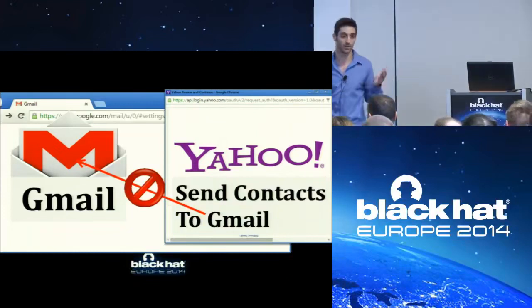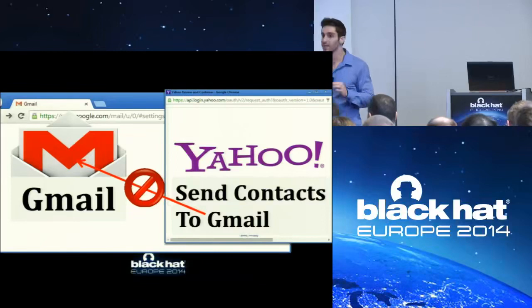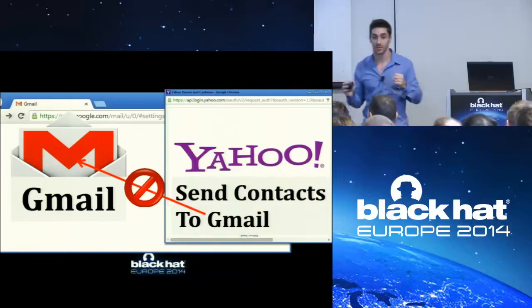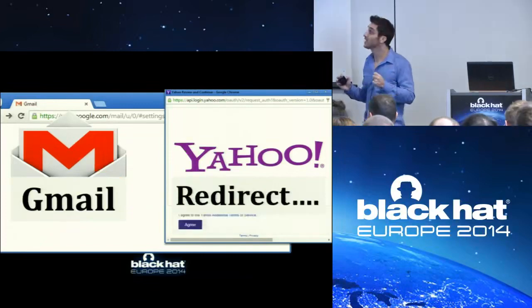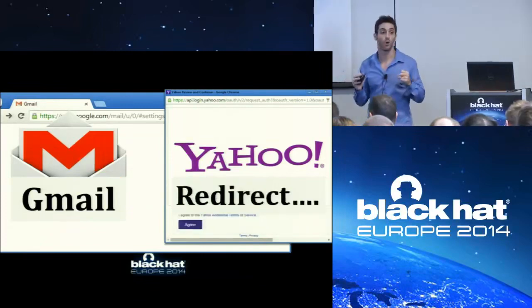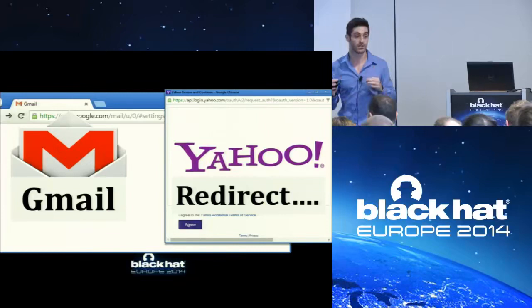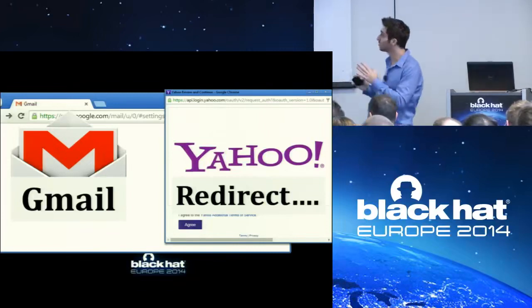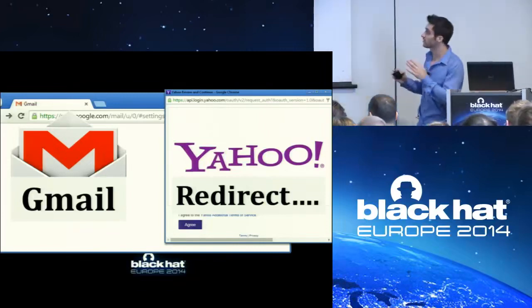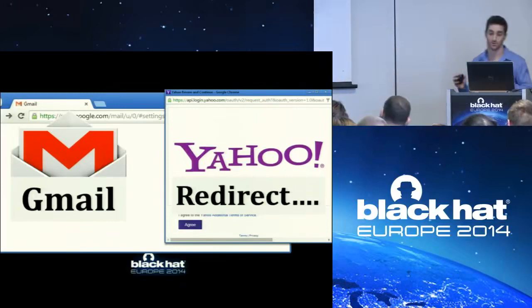Yahoo and Gmail are different domains. So Gmail will need to make a special page and allow Yahoo to redirect itself to that page with the contact list data. And don't mind this example too much because this is just how to find this vulnerability.